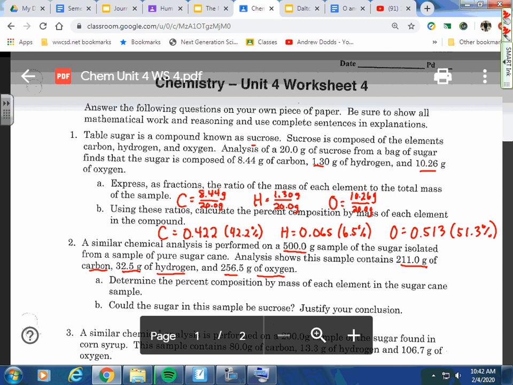So for carbon, I'm going to take 211 grams and divide by 500. If you put that into your calculator, you're going to find out that it comes out to 0.422 or 42.2%.